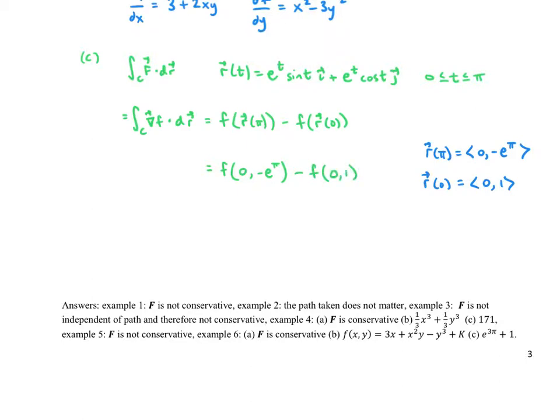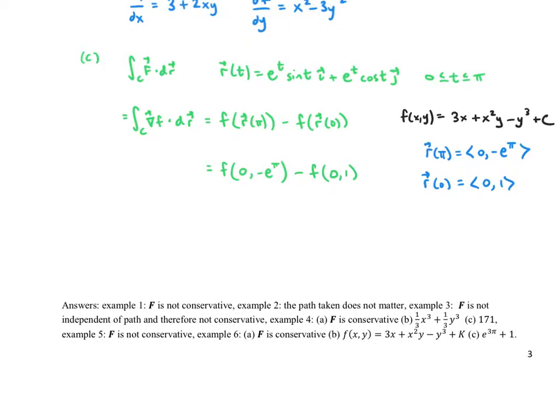And so what we're going to do now is plug this back into the potential function that we created. So the potential function that we created, I will write right here. We have our potential function f of x y was 3x plus x squared y minus y cubed plus some constant c.